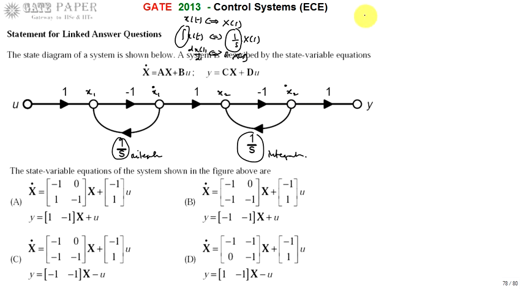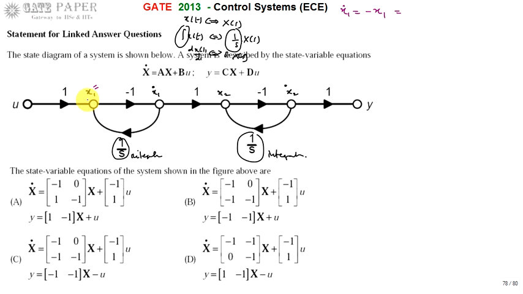Now first we will write x1 dot is equal to minus 1 into x1, so you can write it as minus x1, where the x1 value can be calculated by considering the incoming arrows.